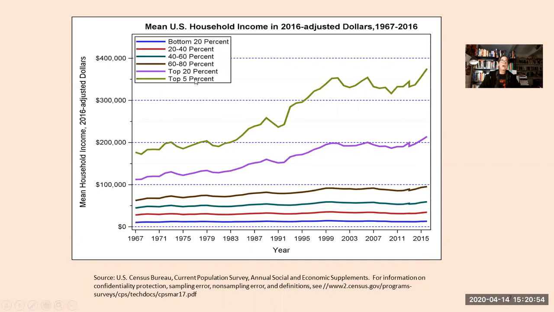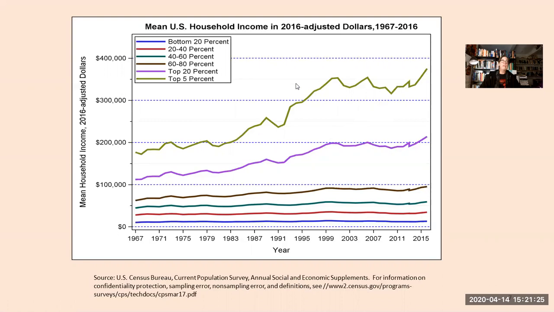Then let's look at the top 5%. That's the level at which 95% of households make less than that amount. 5% make more than whatever this number represents. So it hit 200,000 here, roughly in '73. Starting from maybe 180, it's now up about 360 or so. So again, it has doubled in this period.